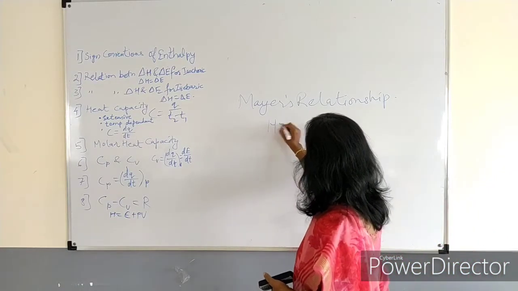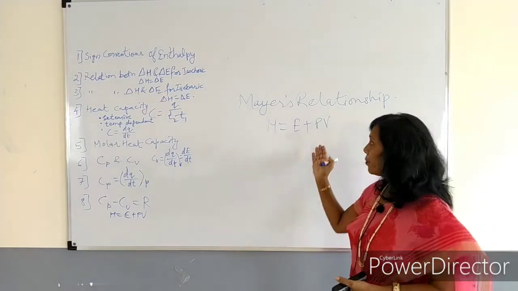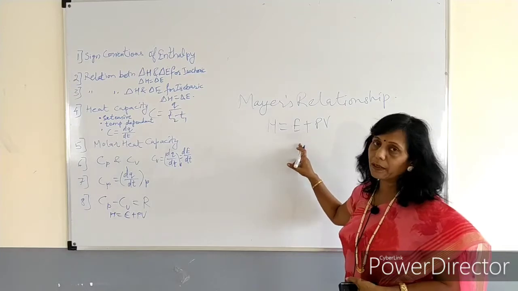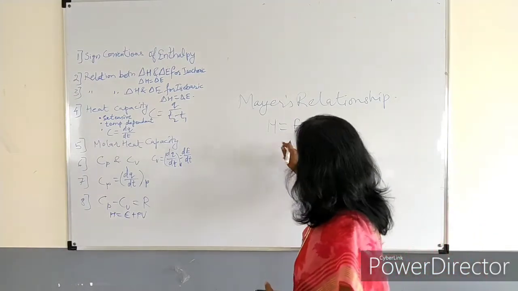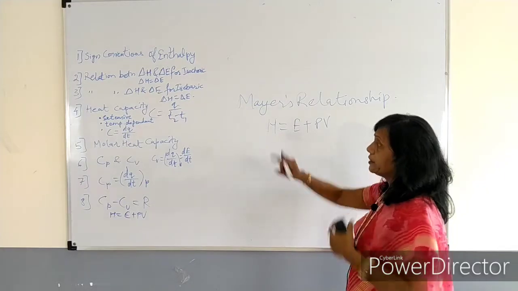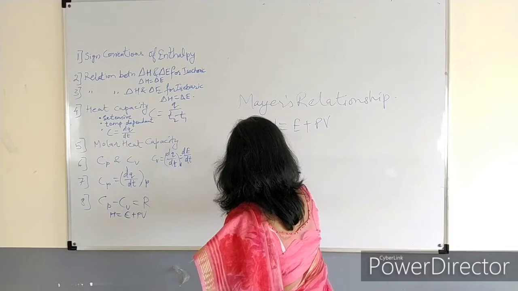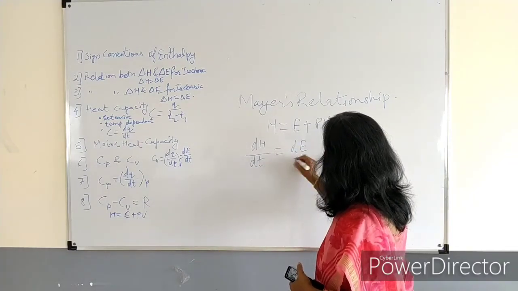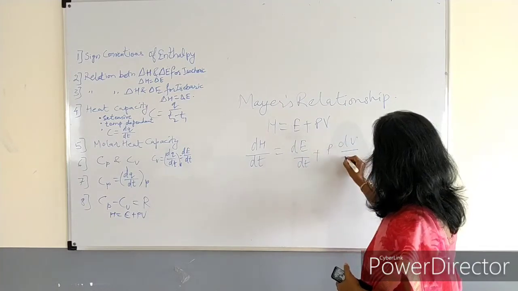H is equal to E plus PV, isn't it? So many times I have repeated this. Enthalpy is equal to internal energy plus PV, that is pressure times volume, right? Now let us take the differential of both with respect to the temperature. dH by dt is equal to dE by dt plus PdV by dt.